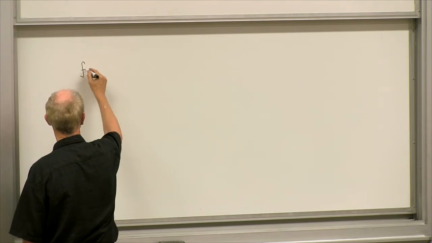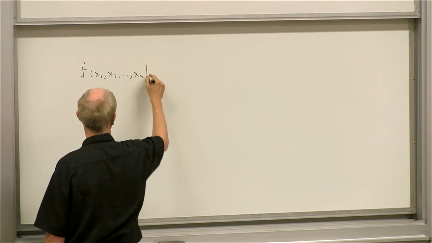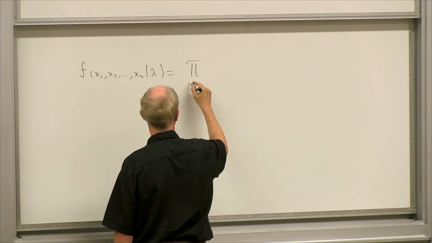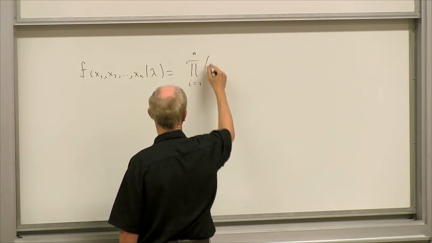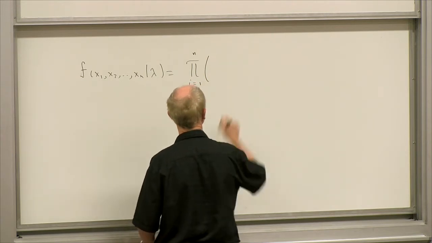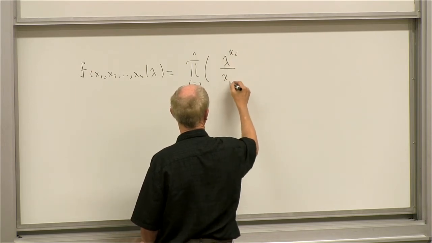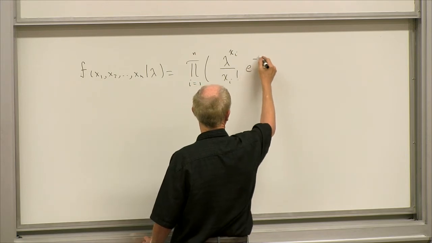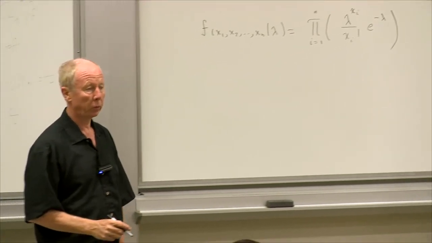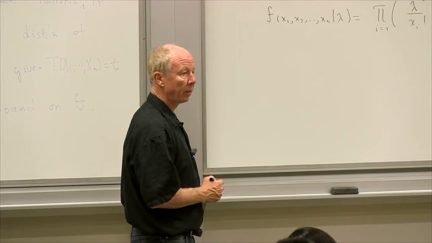The joint density, for an IID sample, right?